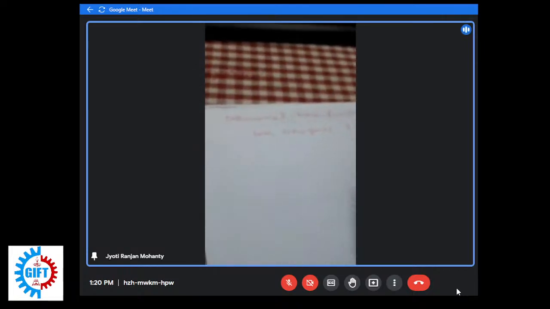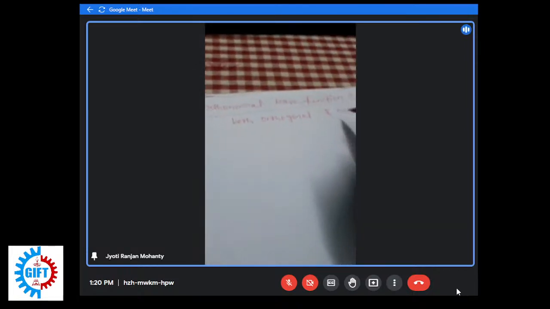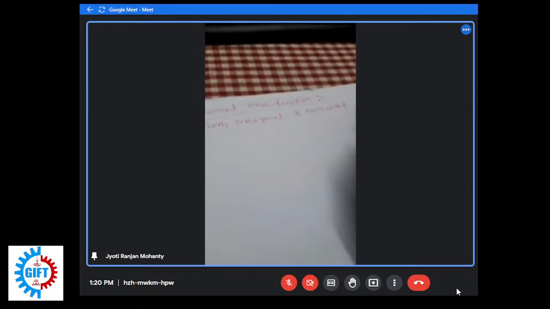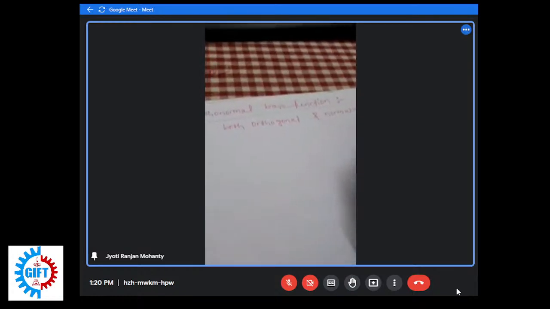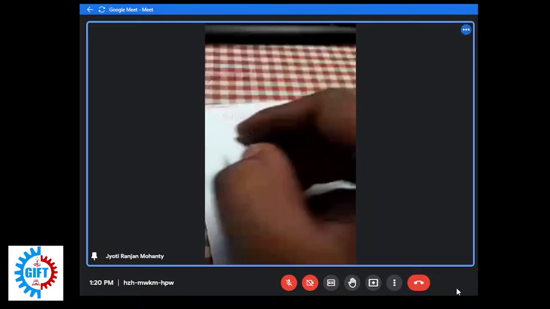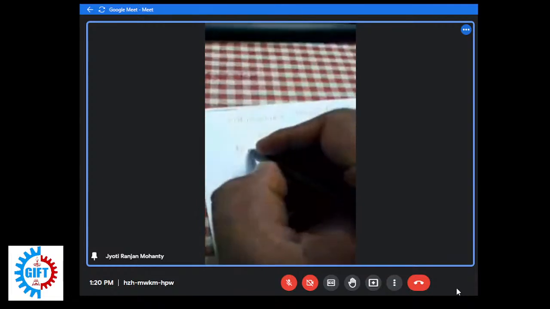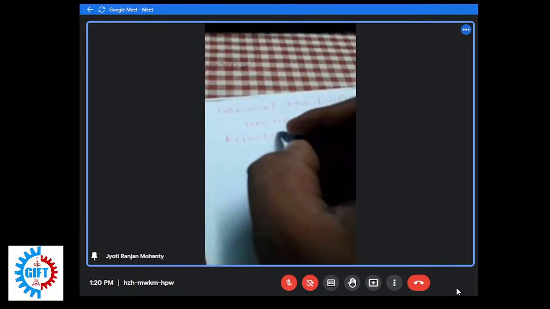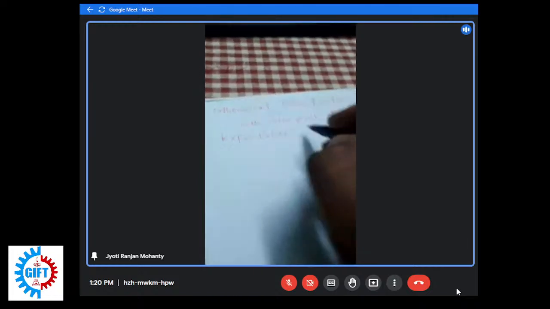If a wave function is both orthogonal and normalized, then that is called an orthonormal wave function.